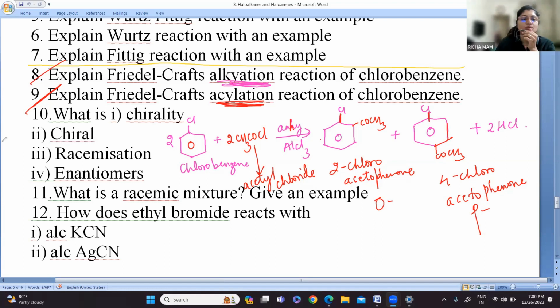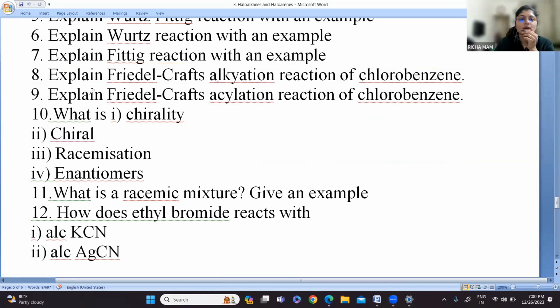Okay, fine. So moving further, next questions. What is chirality? These are 1 mark questions. What is chirality? What is chiral carbon? Students, what is chirality?